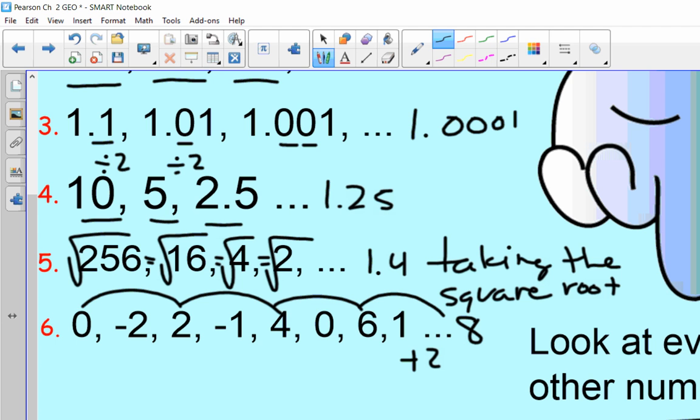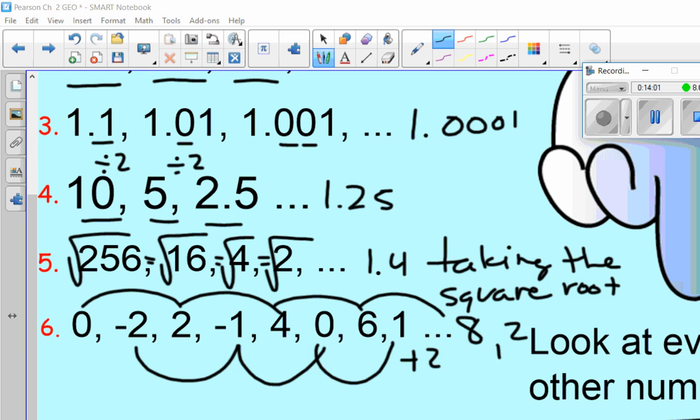If I look here, every other number, I'm adding 1, adding 1, adding 1. So if that was 8, then I think the next number becomes 2. All right. Good there?